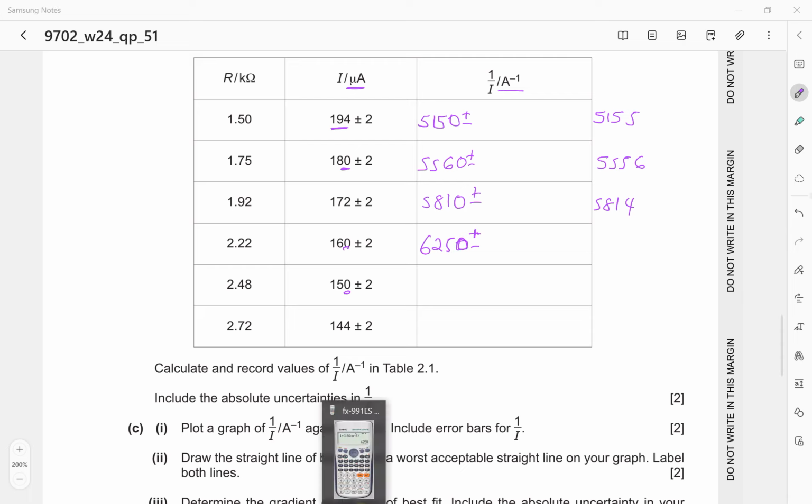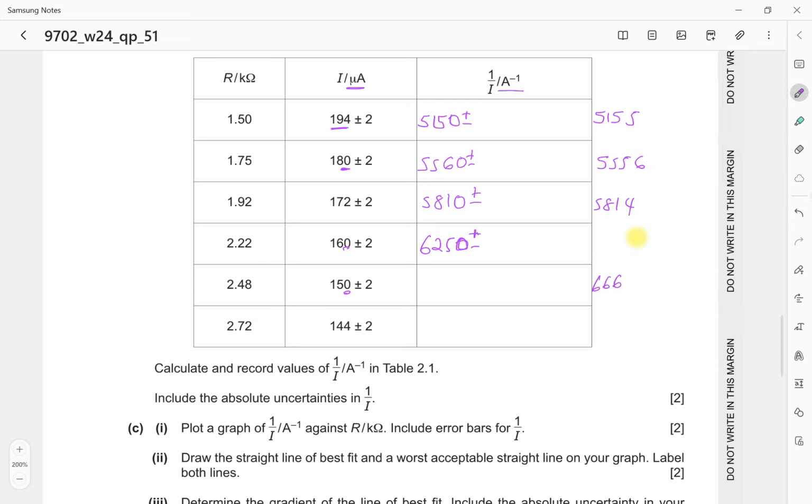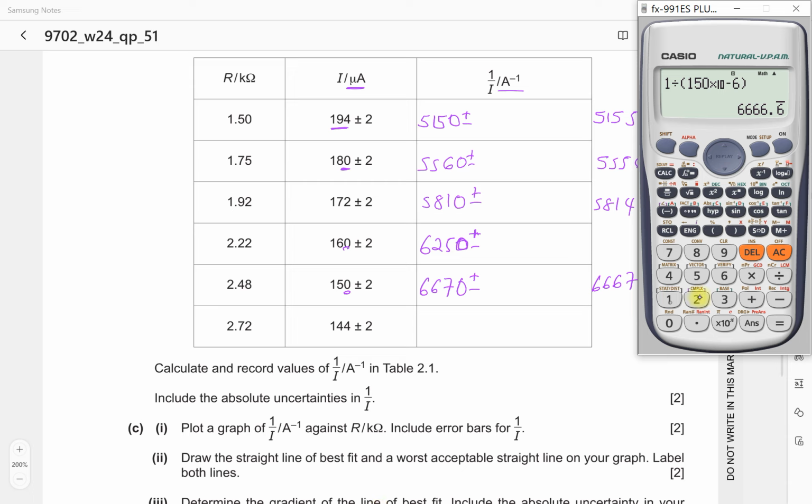The other one is 1 divided by 150 exponent minus 6. So it is 6667. I'll just write 3 significant figures: 6670 plus or minus. Then the other one is 1 divided by 144 exponent minus 6.